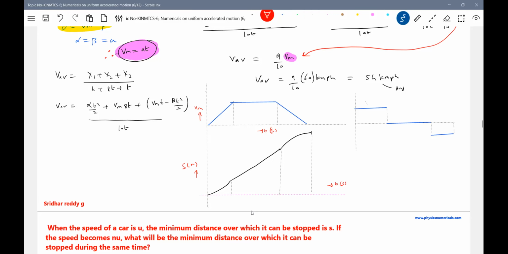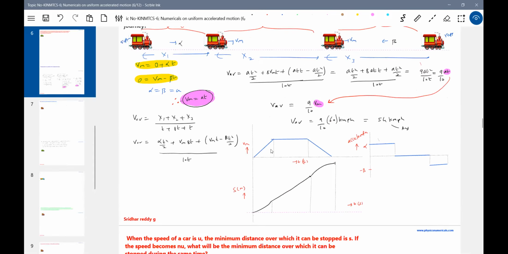This is acceleration. Accelerated motion, retarding motion. Acceleration 0 means uniform velocity motion. I showed the complete description of the problem.